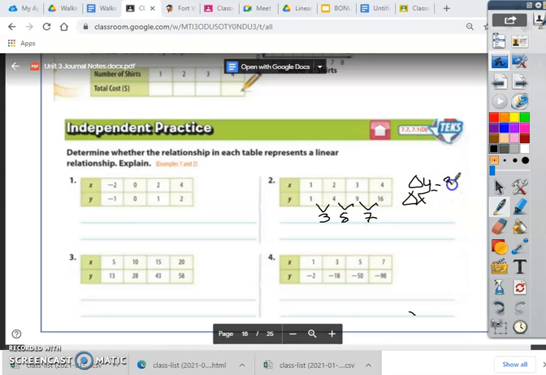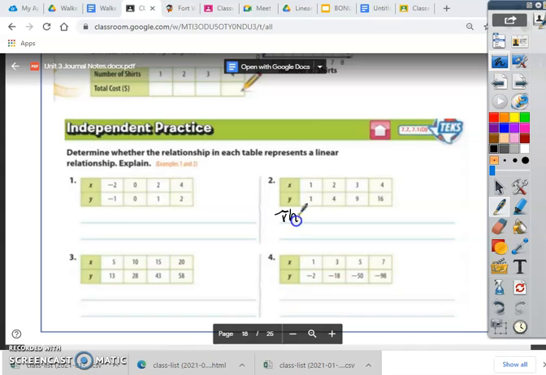So I have a 3, a 5, and a 7. Here to here, 1. Here to here, 1. Here to here, 1. Delta x, guys, I can already tell we do not have a constant rate of change. So this cannot be proportional, and it's not linear.